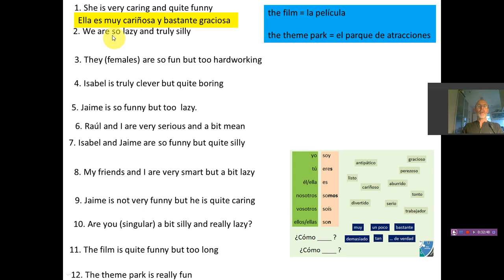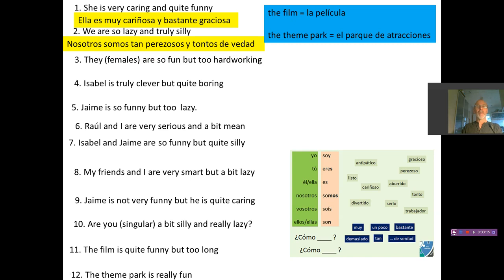We are so lazy and truly silly. Nosotros somos tan perezosos y tontos de verdad. So that's misspelled, by the way. It should have an R there. It should be verdad with an R there. So nosotros somos tan perezosos y tontos de verdad, where de verdad means right, truly or really.